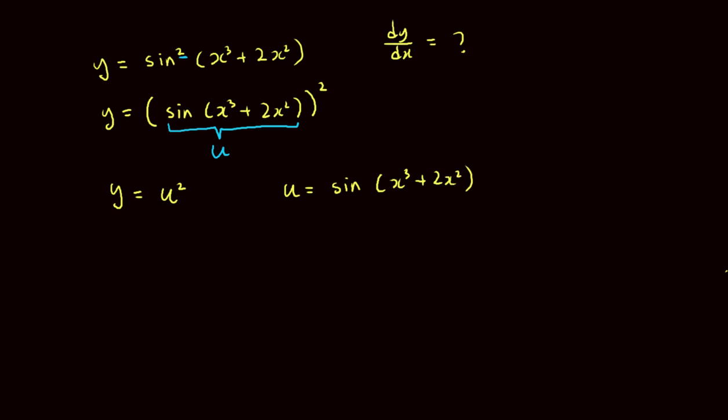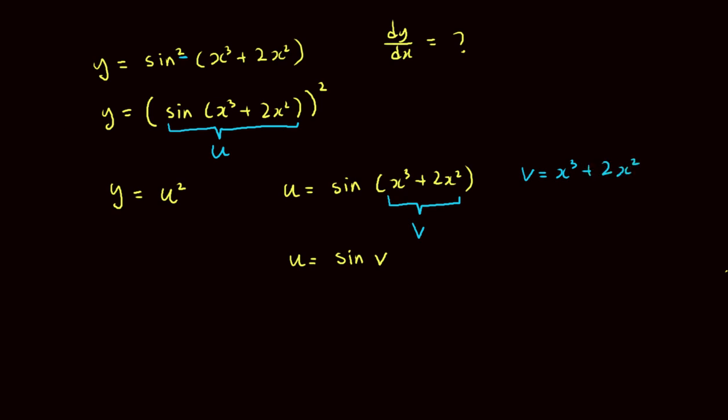Of course, this x cubed plus 2x squared will need another substitution as well, probably v. Therefore u would be sine v, and v is x cubed plus 2x squared.